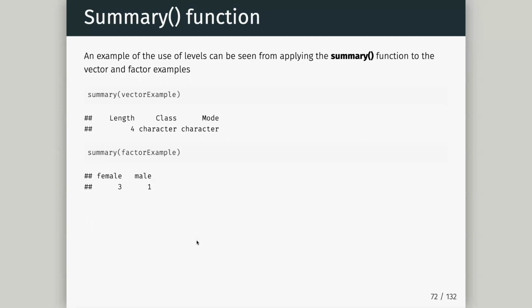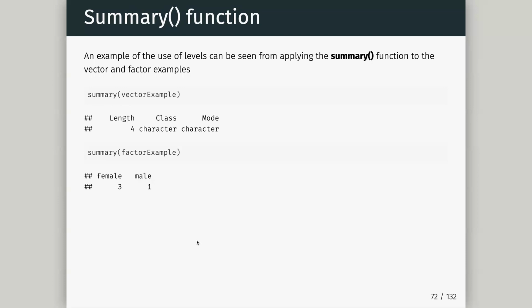So I think a nice use of why factors are already a little bit useful, even in this most basic example, is something like the summary function. So we have functions in R, like summary, mean, min, whatever. And these functions are clever, especially, and this actually comes maybe to your question earlier on.